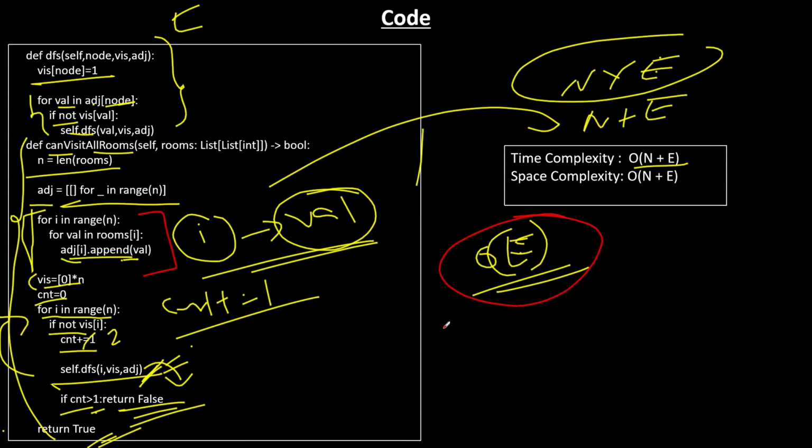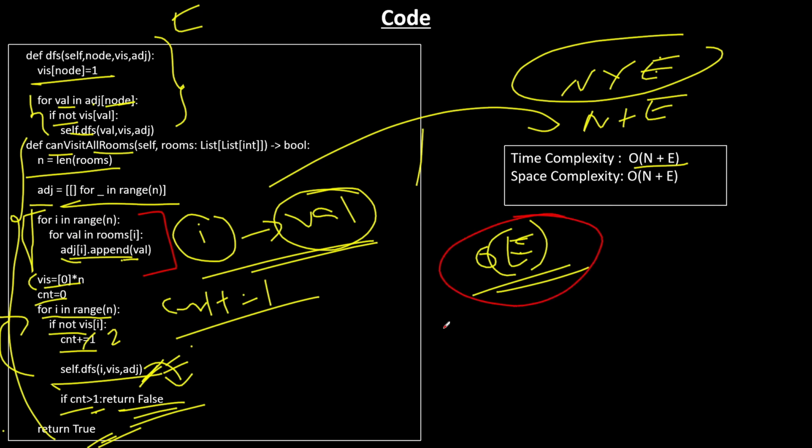So these are the places where you store the connectivity, or the adjacency list, as we call it. For i in range n, we create this left-hand side part, and this array creates a list of size n, or you could say a dynamic list which can store values. I hope you understood this.